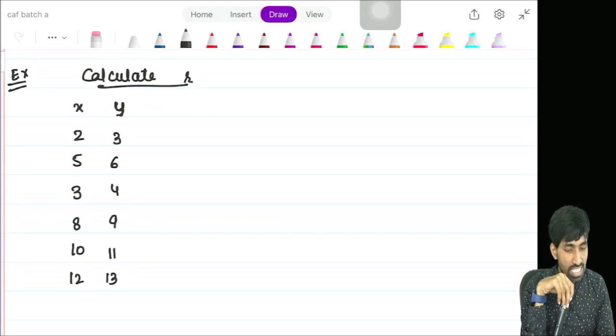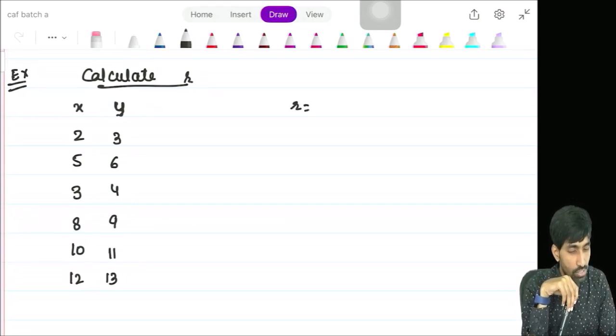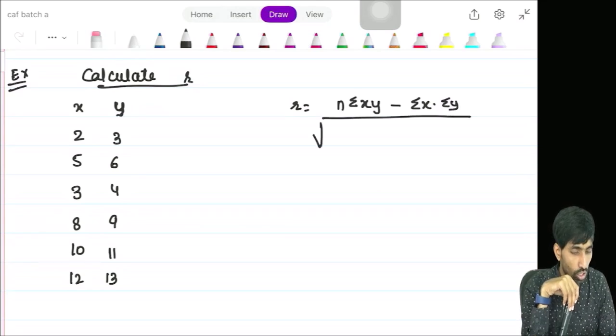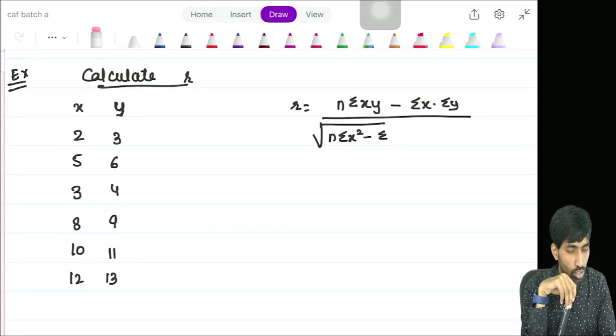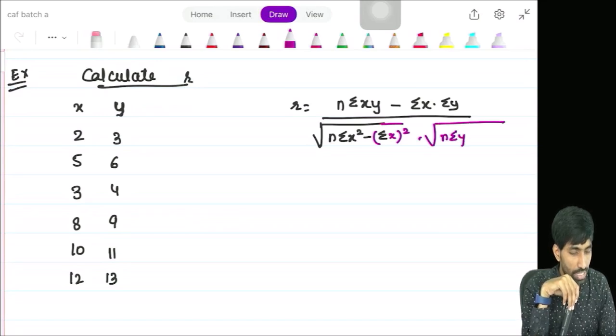Now obviously I have to calculate R. So the formula for R is what? N into summation xy minus summation x into summation y, upon under root n into summation x square minus summation x the whole square, into under root n into summation y square minus summation y the whole square.